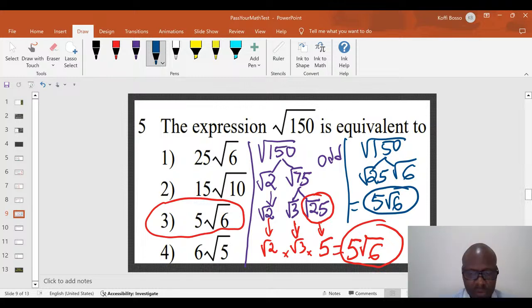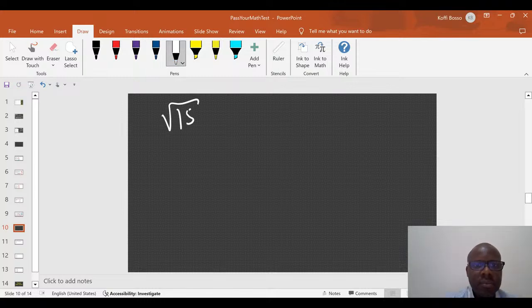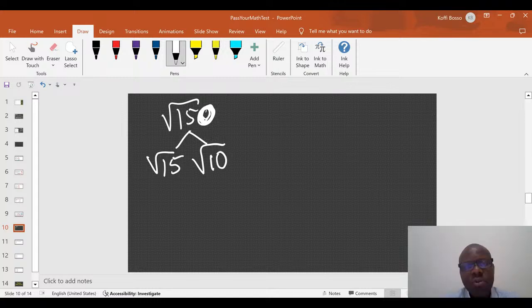Another method. Okay, so I have a square root of 150, right? I could also do it like this. Anytime you have a number that ends with a zero, like here we have a zero at the end, this is telling you that it's a number multiplied by 10. So the other digits, which are 15, multiplied by 10. So square root of 150 is the same as the square root of 15 multiplied by 10.